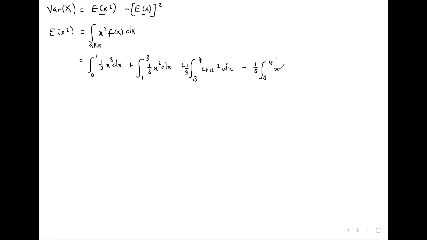that's x cubed dx. So we get x to the power 4 over 12 from 0 to 1. We also get x cubed over 9 from 1 to 3.